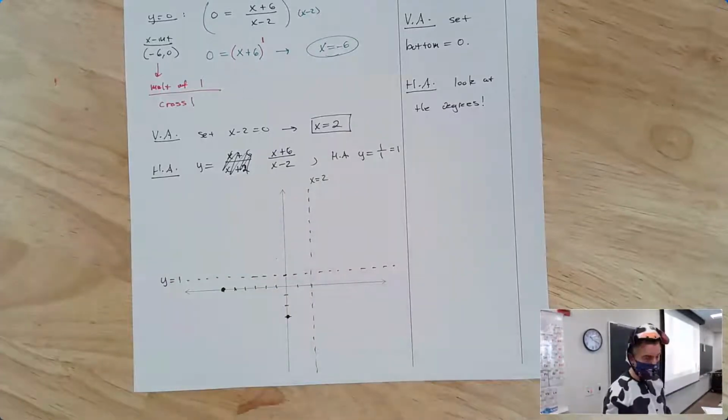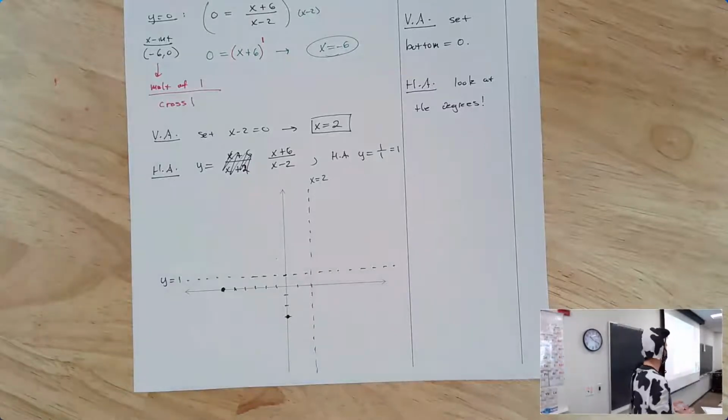For these, you can talk about end behavior, but the end behavior is also what the horizontal asymptote is. The horizontal asymptote is really telling you what the end behavior is. There's no additional end behavior to consider.